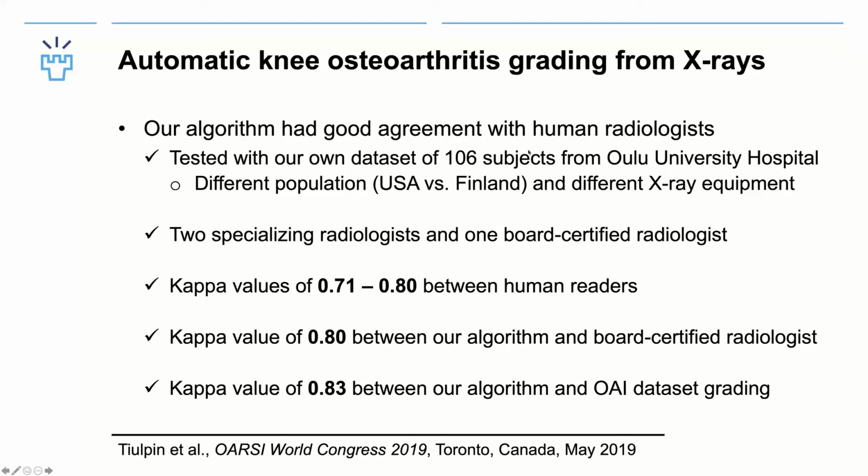Our own subjects were from Finland, and also the X-ray equipment was different. And we saw pretty much similar agreement values that you get between two human radiologists or human readers, so if you replace one human reader with the computer, we get the same agreement.